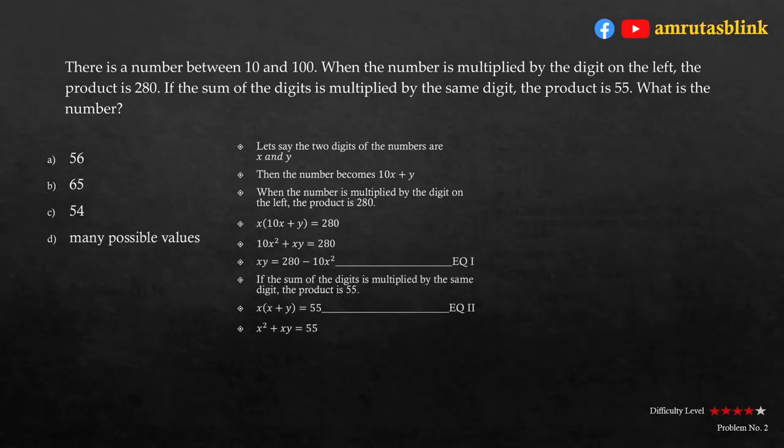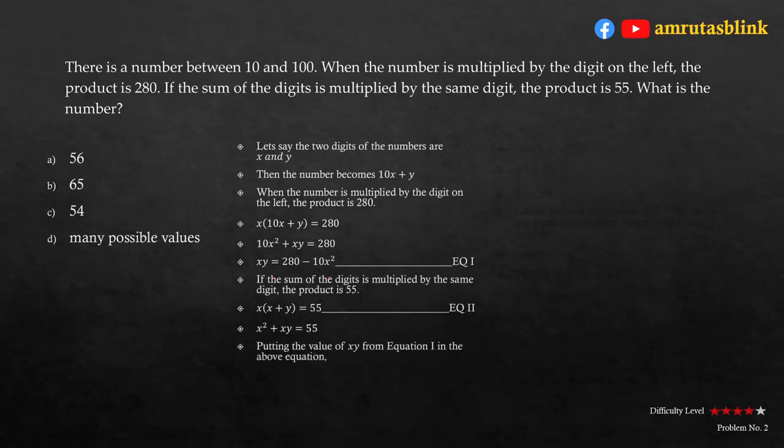Now there was equation 1, that is 10x square plus xy is equal to 280, and we have also got x square plus xy is equal to 55. So we will try to eliminate y from both these equations. Either way you can subtract equation 2 from equation 1, or what I have done here is rearrange the first equation and find the value of xy, that is xy is equal to 280 minus 10x square.